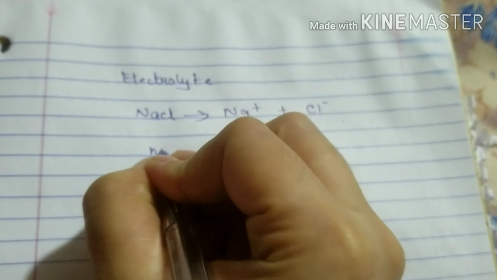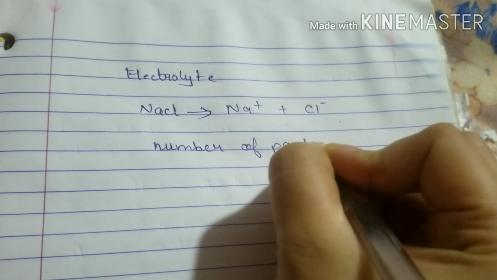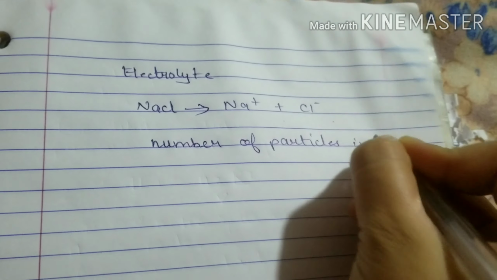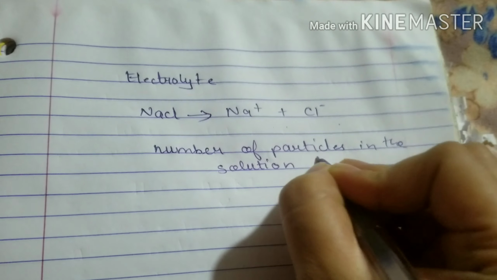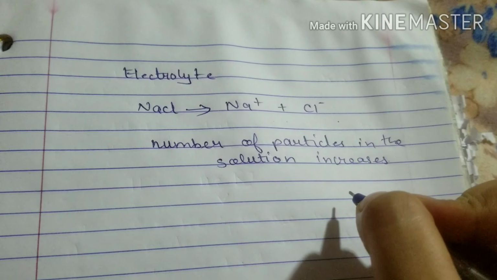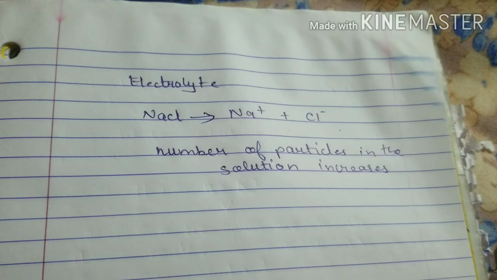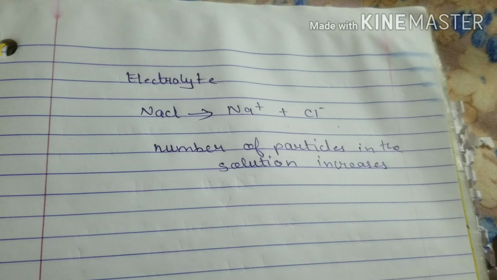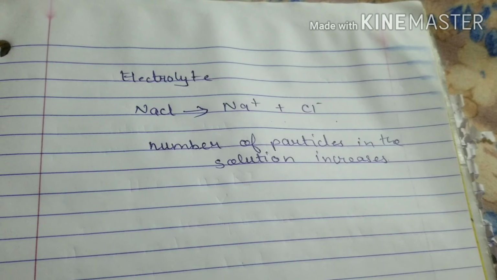Hence, in case of electrolytes, the number of particles in the solution increases. And this is the reason that the colligative properties of electrolytes are higher when you compare them with the colligative properties of non-electrolytes, because a non-electrolyte is not going to dissociate.